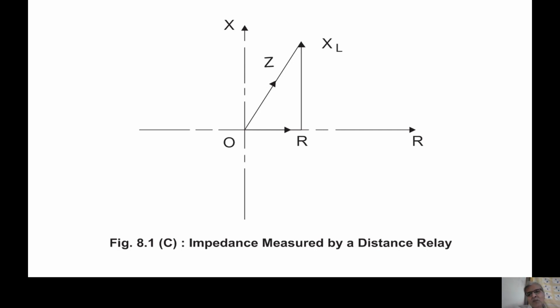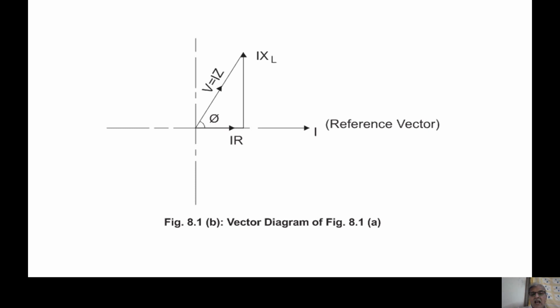R is the resistance of that fault. XL is the reactance of that fault. R is very low. Therefore, the angle between R and Z is very high. To say in other words, because I is the reference vector, the angle between I and V is very large.